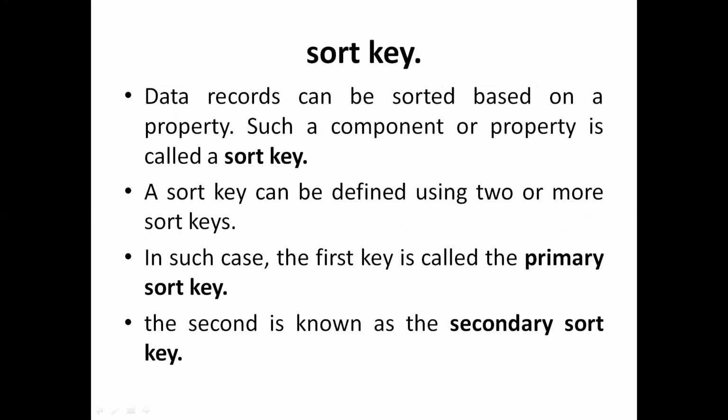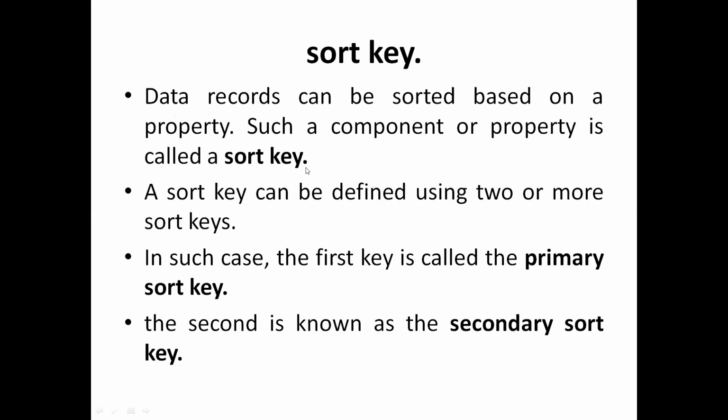Before getting into sorting, what is a sort key? Data records can be sorted based on some property, here alphabetical or numerical. Such a component or property is called a sort key, the parameter based on which we are going to sort.